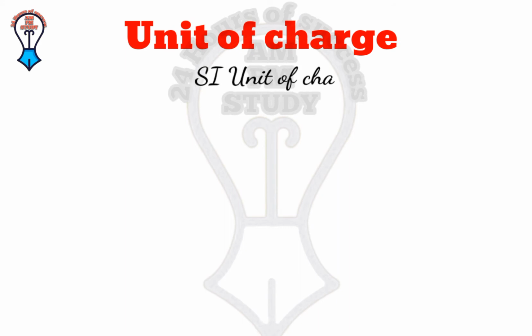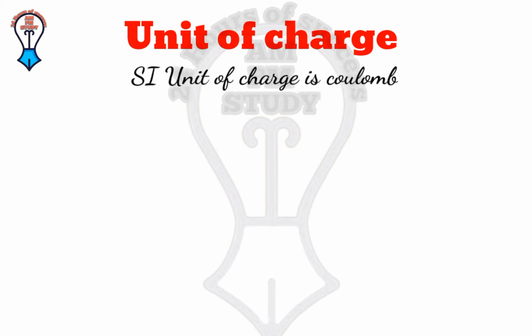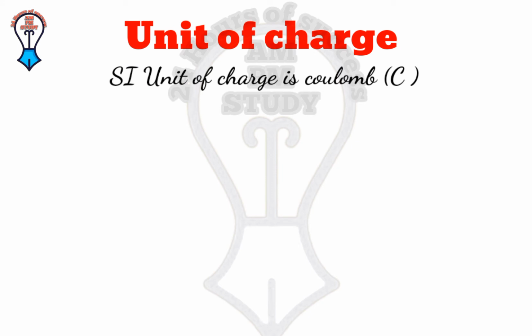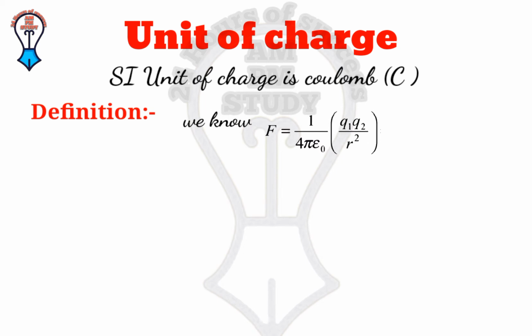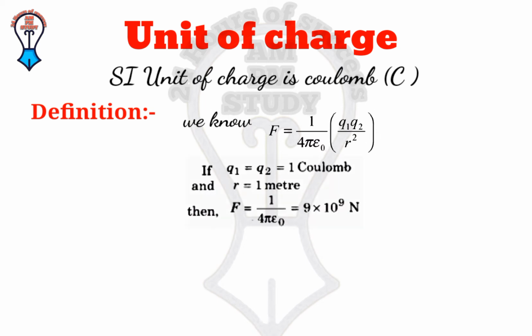Unit of charge. The SI unit of charge is coulomb and it is denoted by C. So now we will study its definition. We know that F is equal to 1 by 4 pi epsilon naught Q1 Q2 by R square.